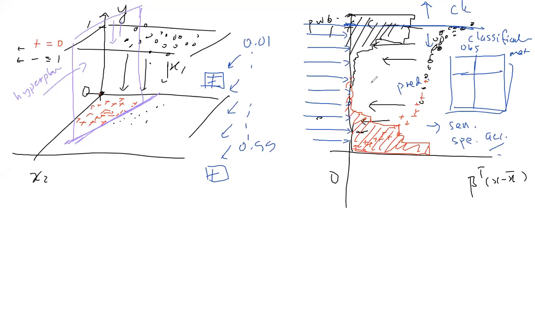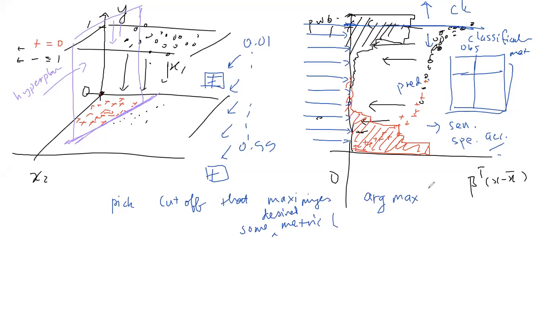And then you pick the cutoff that maximizes some desired metric. So basically it's like argmax of some metric, for example accuracy. So you maximize over the cutoff, which ranges from 0.01, 0.02 until 0.99, okay?